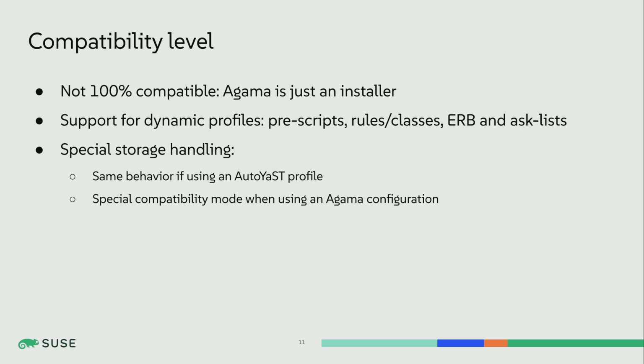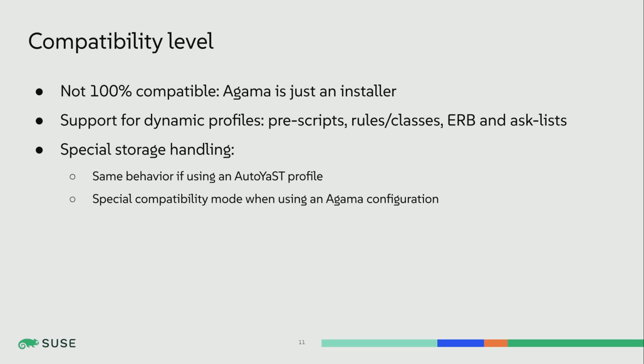Anyway, it is able to handle quite some things: the software configuration, product registration. It's able to run scripts, and all those features that are present in your AutoYaST profile are going to be handled by Agama, converted, and processed as expected. However, there were two parts of those AutoYaST profiles that were concerning for us about how to handle them.